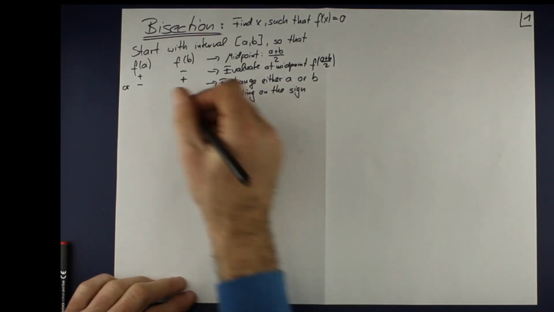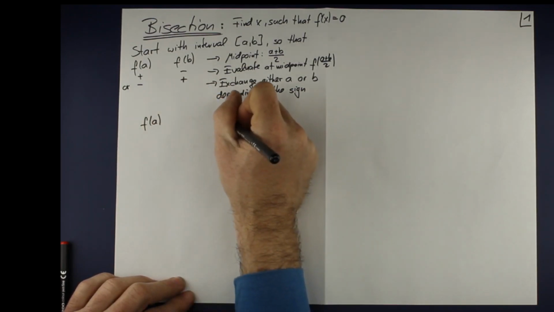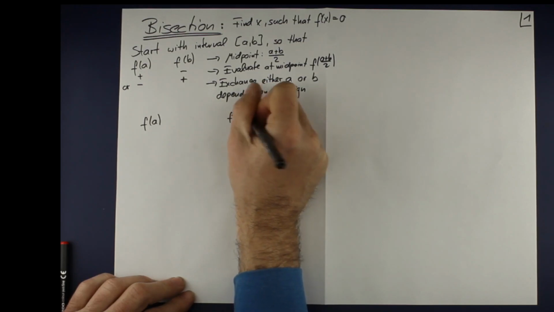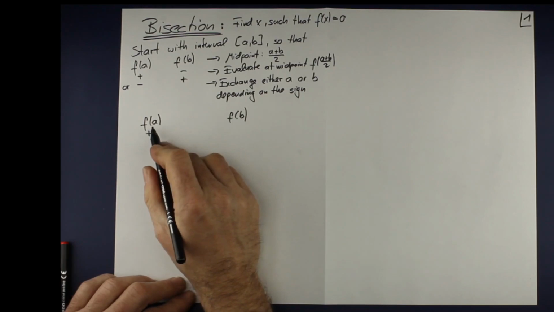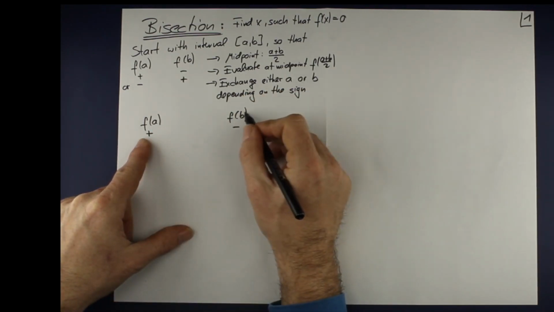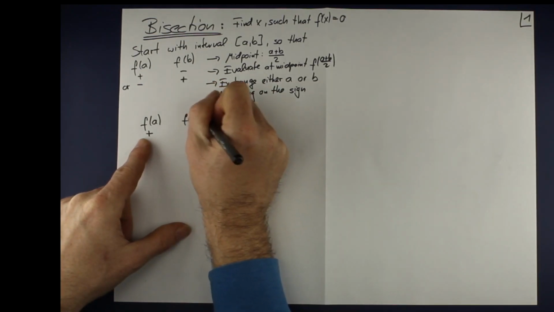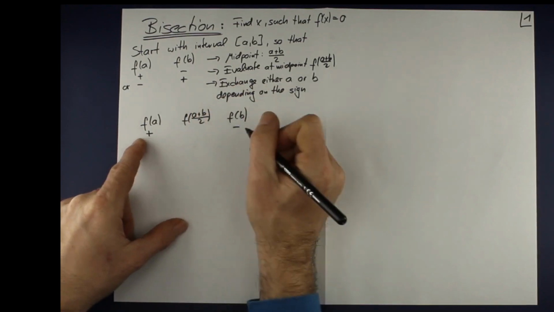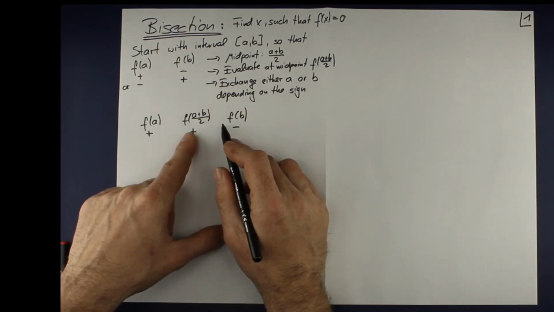So let's illustrate that. We have f of a and we have f of b. Let's assume the sign of the function value here is plus and the sign of the function value here is minus. Then we evaluate at the midpoint, and let's assume the function value at the midpoint is also positive.